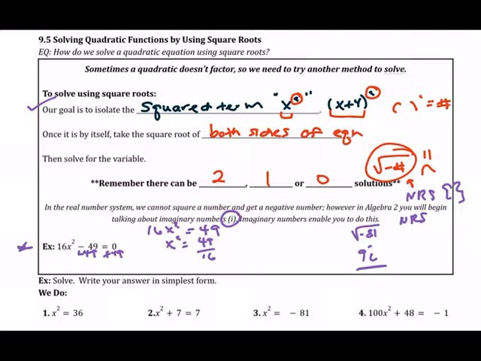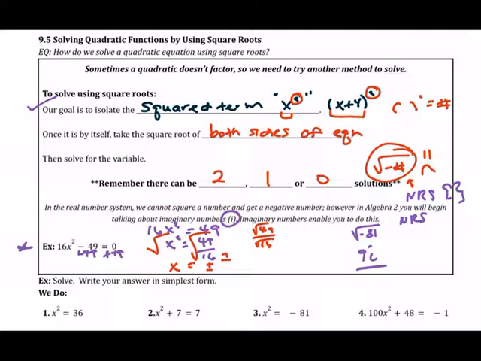Our second step says to take the square root of both sides. When I take the square root of x squared, what times itself is x squared? That's going to give us x. Anytime you are taking the square root of both sides, you should have a plus or minus symbol there. And you can think of this as the square root of 49 over the square root of 16.